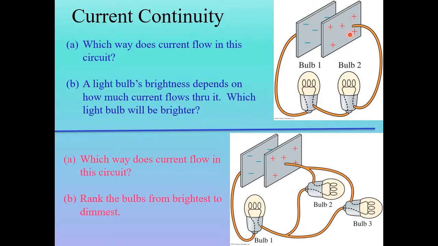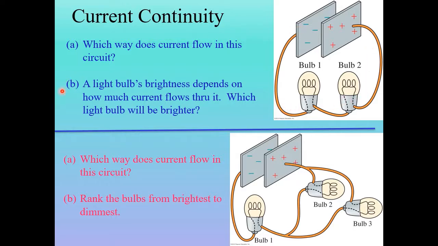This is the positive terminal of the battery, and this is the negative terminal. So which way is current going to flow through these wires? Is it going to flow in a clockwise direction like this, or a counterclockwise direction like this? Well, the answer is clockwise, because remember, current always flows from positive to negative.